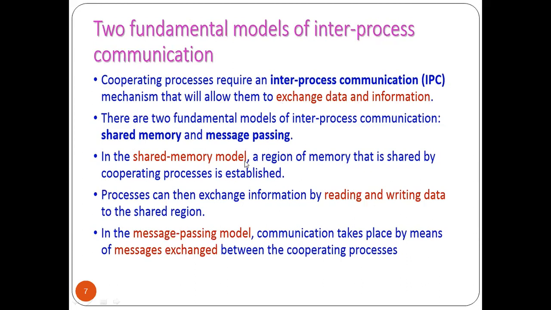In the shared memory model, a region of memory shared by the cooperating processes is established. The processes can then exchange information by reading and writing data to the shared region. In the message passing model, communication takes place by exchanging messages between the cooperating processes.